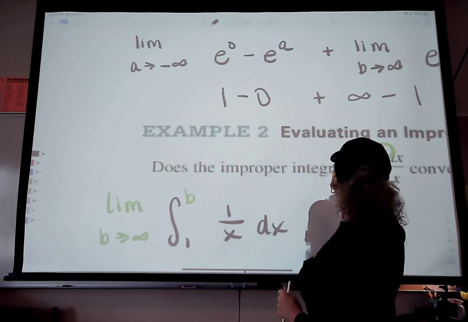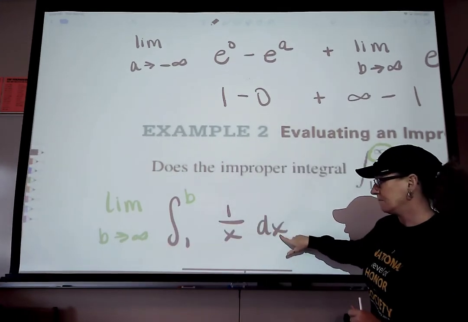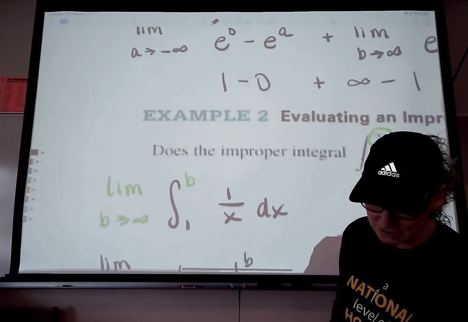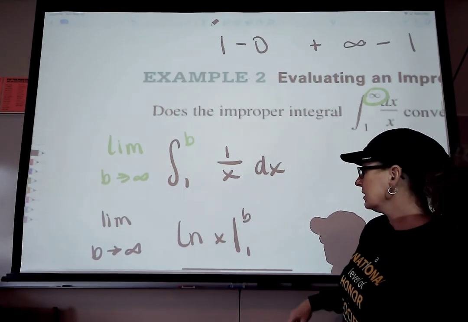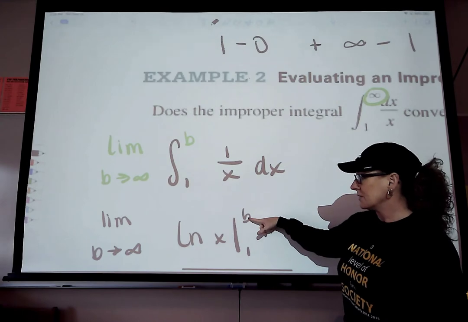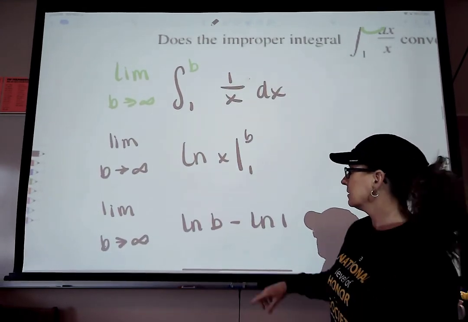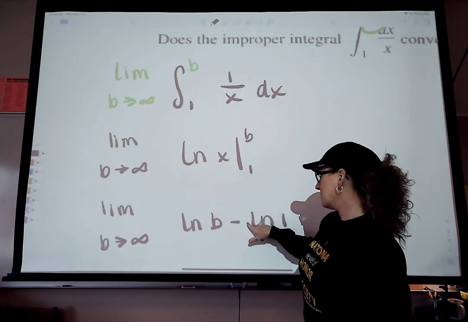So I replaced that with b. I'm sending b to infinity. I do an antiderivative on this. Here's my antiderivative, and I really need to evaluate it from here to here. Sub them in: natural log of b minus natural log of 1.